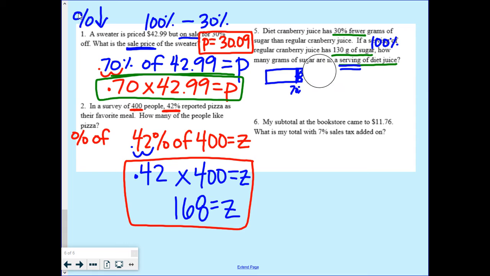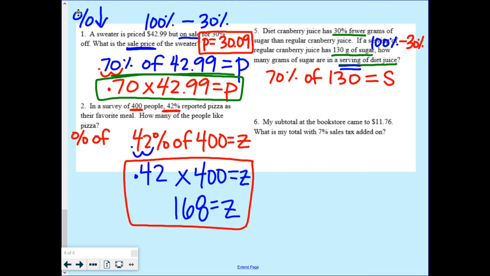So now let me write that into an equation. Again, I said 100% minus the 30% means that I have 70% of the amount of sugar that's in the regular. There's 130 grams in the regular. So 70% of 130 will tell me how much sugar is in the serving of diet.